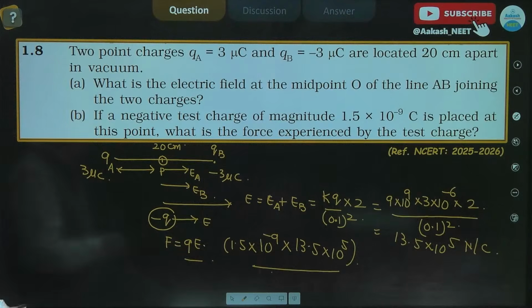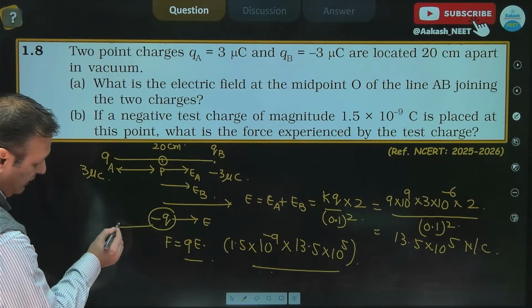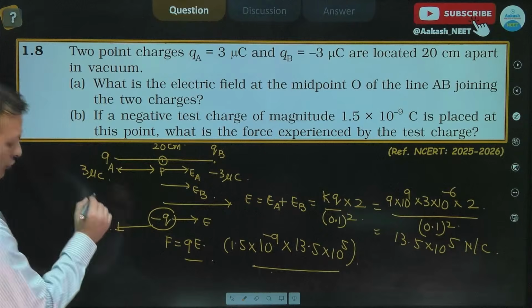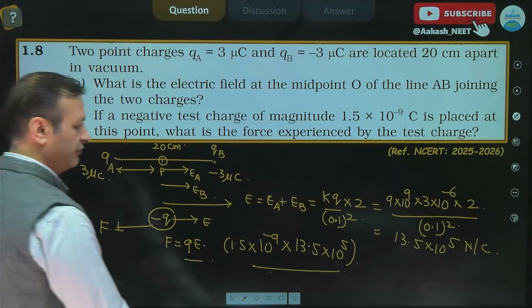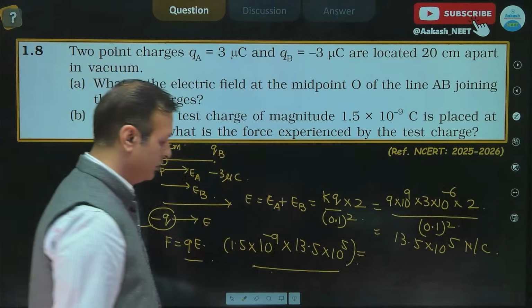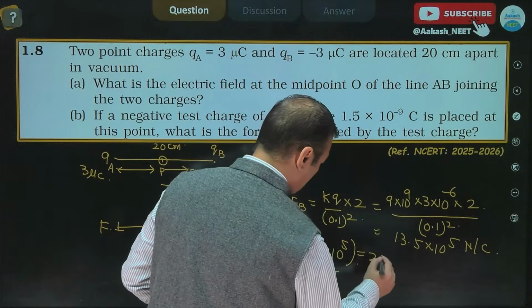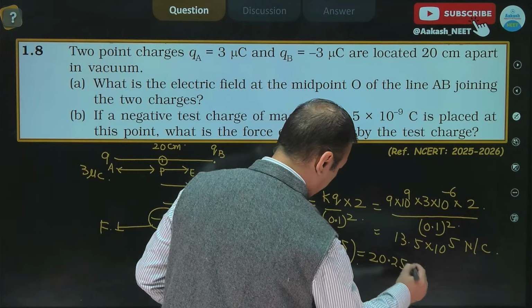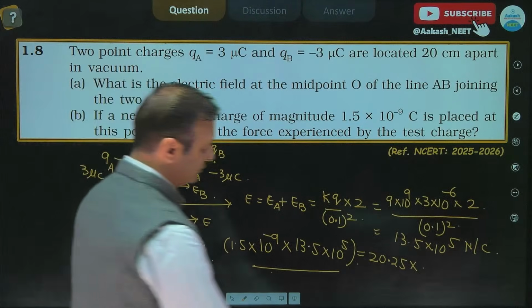Now this is quite interesting. What is the direction of the force? Because this is a negative charge, the direction of force would be opposite to this. Got it or not? And this is numerically equal to, can you multiply these two factors? So this is 20.25 into 10 to the power minus 4 newtons.